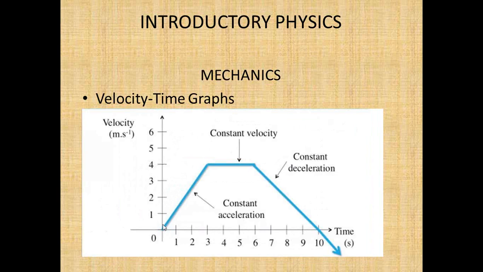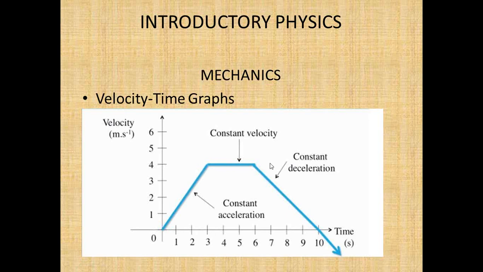You're driving a car to the right, or you're in a rocket which is moving upwards. So as time increases, the velocity increases. So a straight line in a velocity time graph tells you that the acceleration is constant because the slope of your velocity time graph is your acceleration. And the slope all along here is the same.